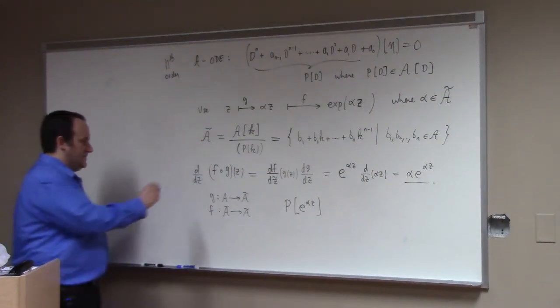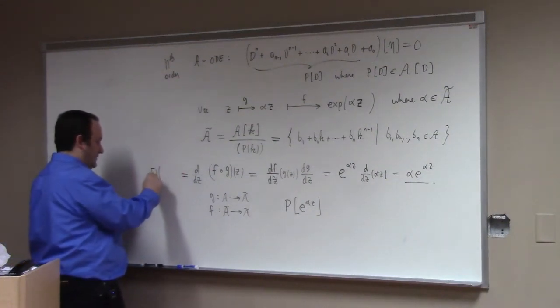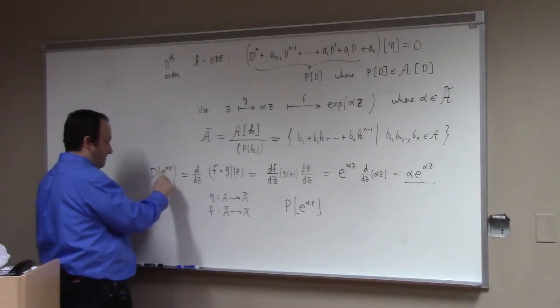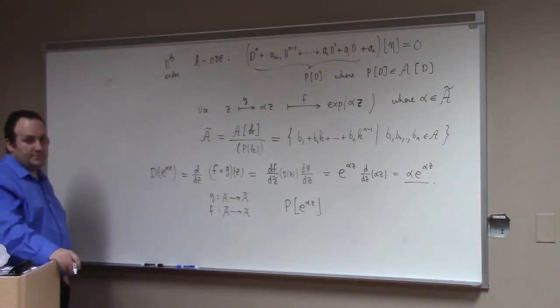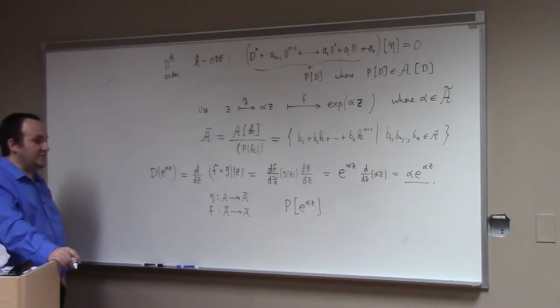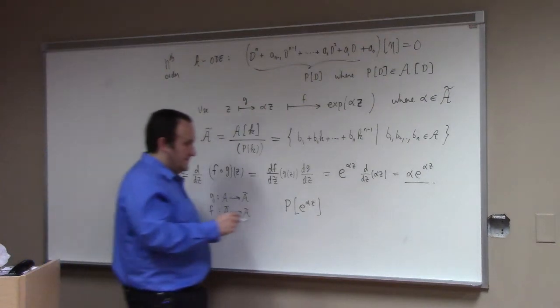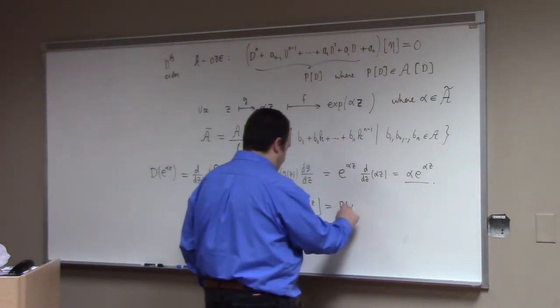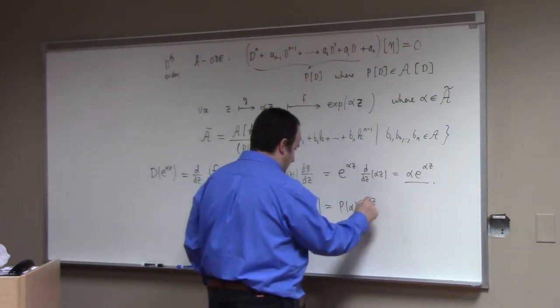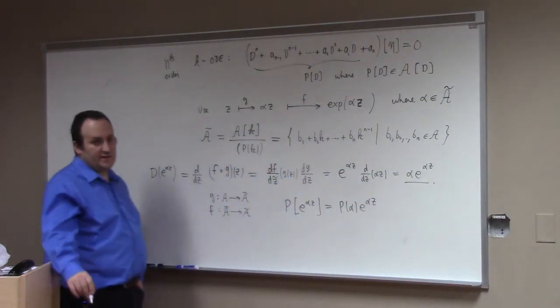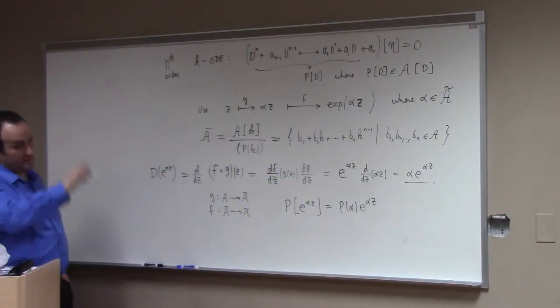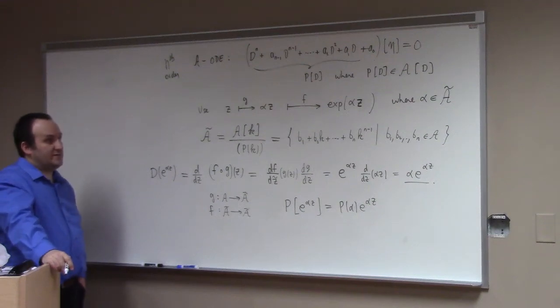I mean, this is D of e to the alpha z. To summarize the calculation, when we plug it into the differentiation operator, each derivative pulls down an alpha in the same pattern as the polynomial P of D, and we get a common e to the alpha z everywhere. We can factor it out.